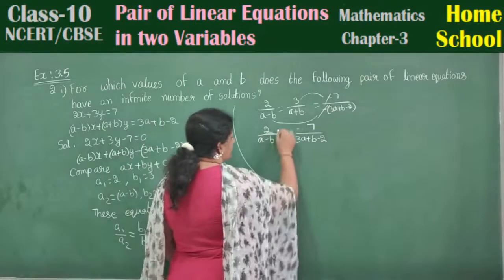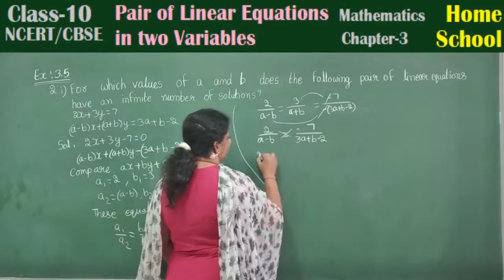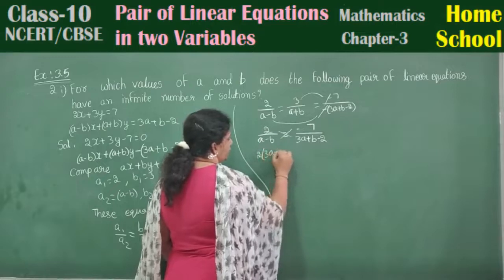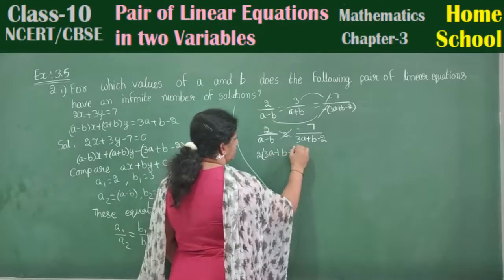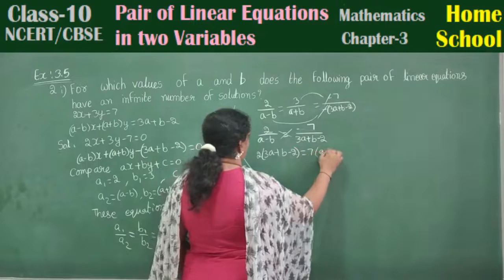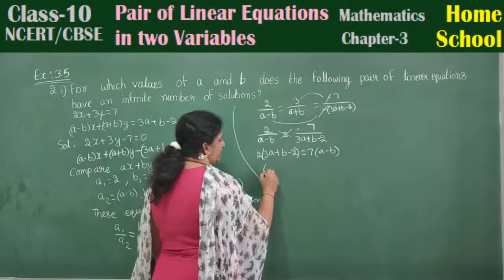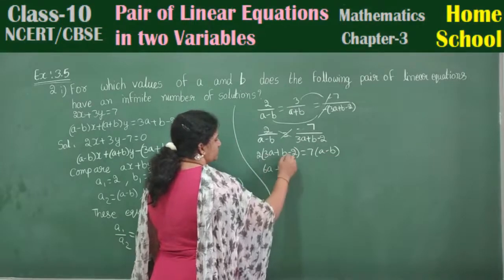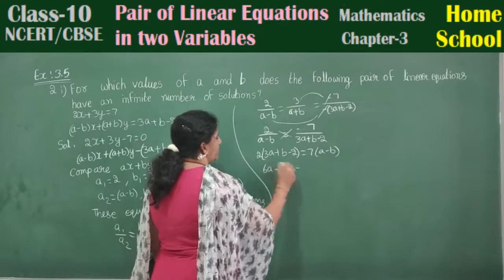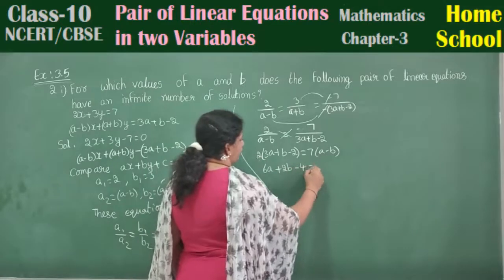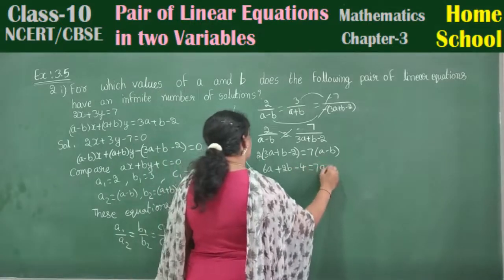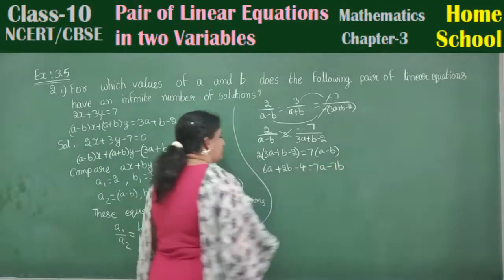Now, on cross multiplying, 2 into (3a plus b minus 2) is equal to 7 into (a minus b). Remove from brackets, 2 into 3a, 6a plus 2 into b, 2b minus 2 2s are 4. 7 into a, 7a minus 7b.